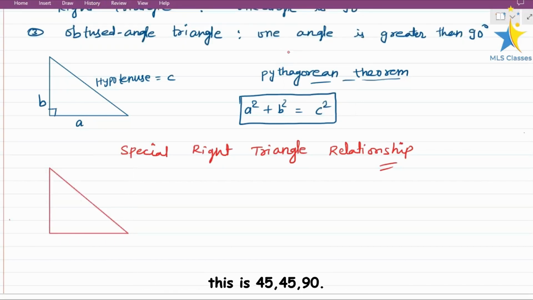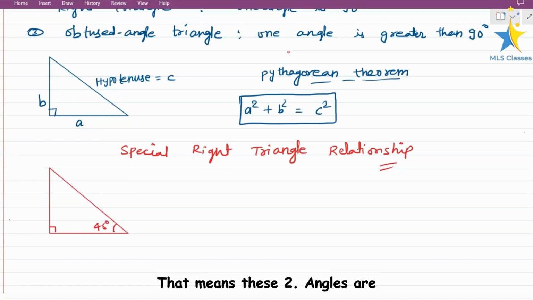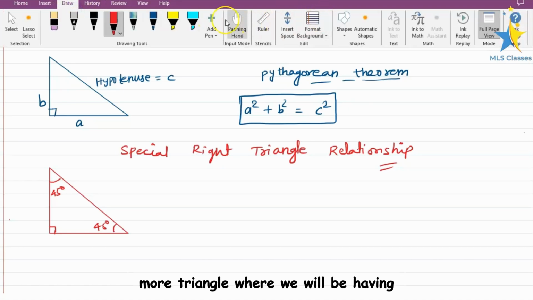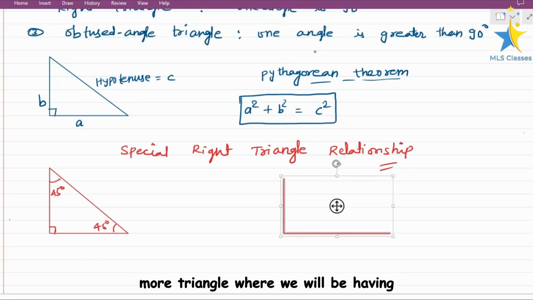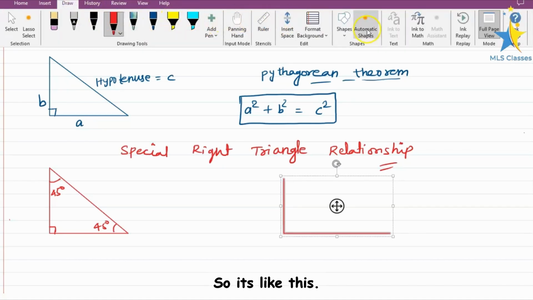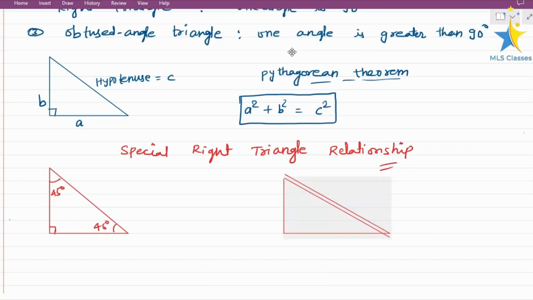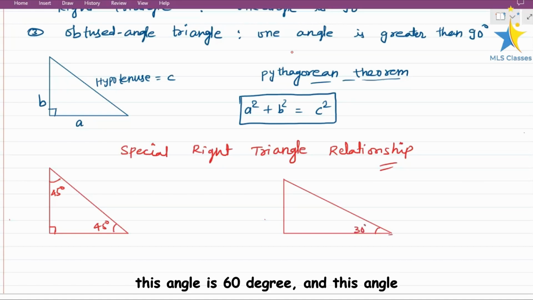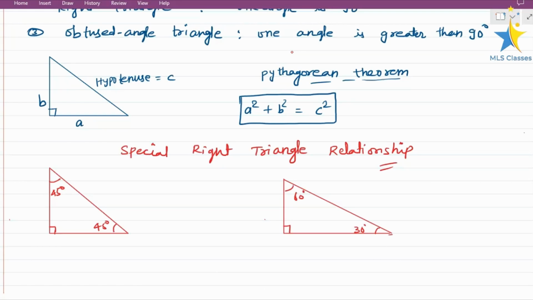So suppose this is 45, 45, 90, that means these two angles are 45 degrees, whereas this is 90 degree. Now let's show one more triangle where we will have 30, 60, 90 angles. This angle is 30 degree, this angle is 60 degree, and this angle is 90 degree.